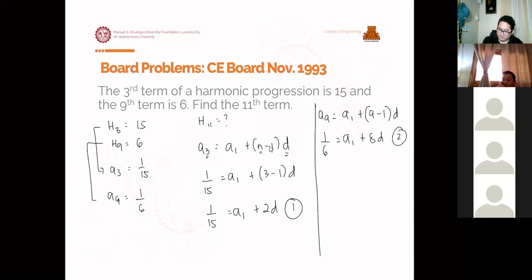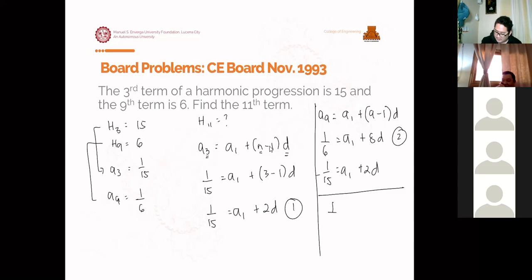So, pwede natin kunin yung A1 is equals to 1 over 15, or by elimination na lang para mas mabilis. No? So, lagay natin ito dito. 1 over 15 is equals to A1 plus 2D. Tapos, pag minusin natin, so, 1 over 6 minus 1 over 15.